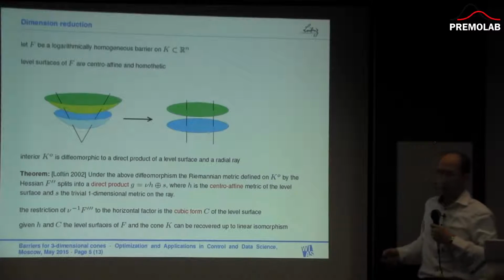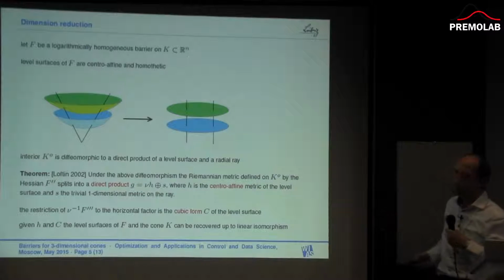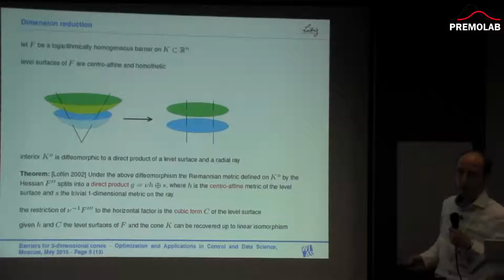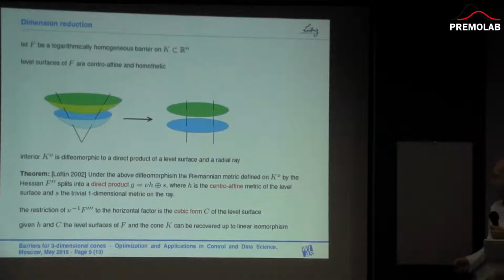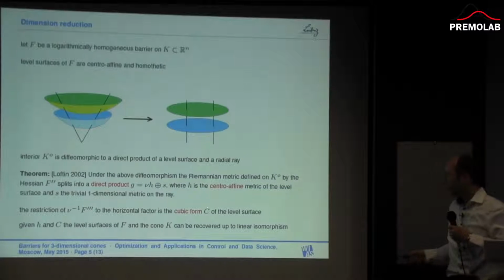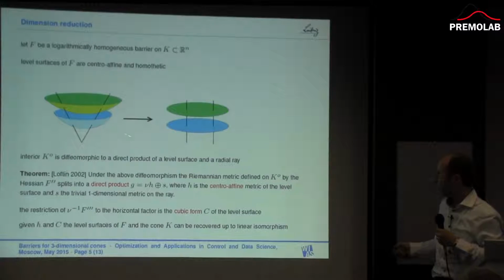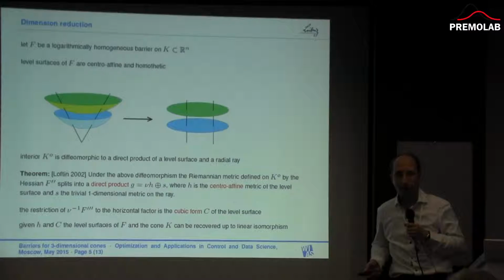So if we have an affine space, in our case just R^n, and we have a hypersurface in this space, then this hypersurface defines two objects. It defines the so-called centro-affine metric, and it defines the so-called cubic form. The centro-affine metric is just a metric on the surface, and the cubic form is a totally symmetric 3-tensor.